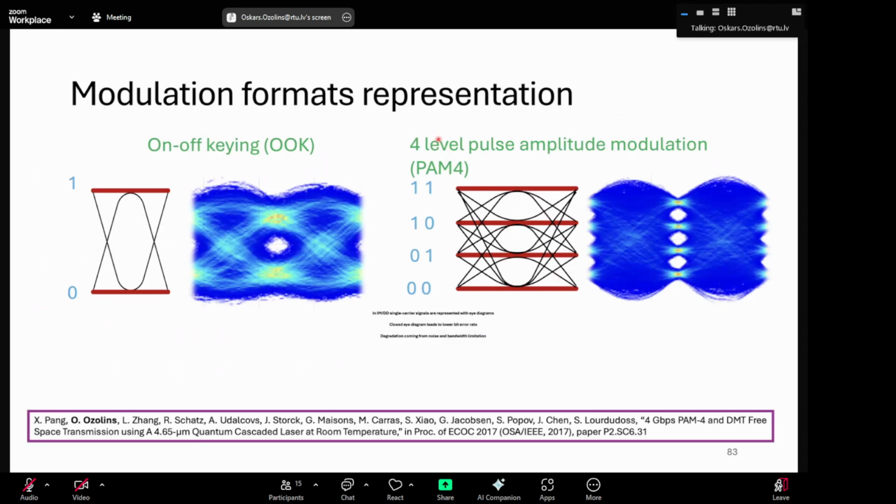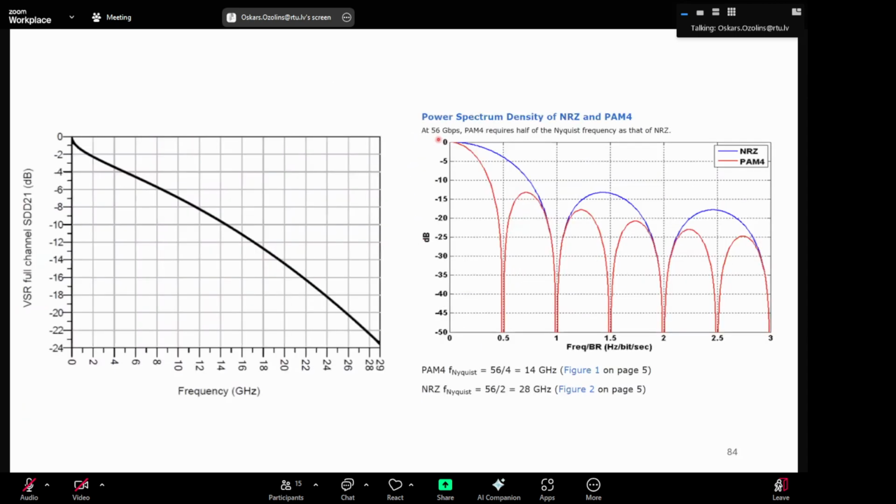But if we compare these modulation formats not at the same symbol rate, these signals do not have the same bandwidth. These signals are at 56 gigabits per second. With PAM4, we only require half of the bandwidth, which is 14 gigahertz, and for non-return to zero, we need 28 gigahertz.